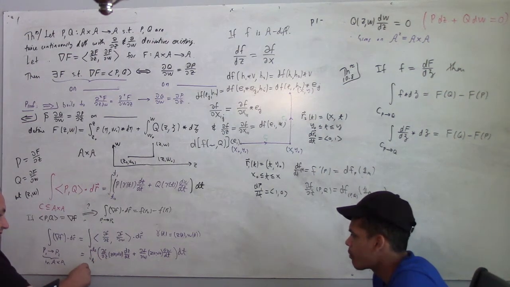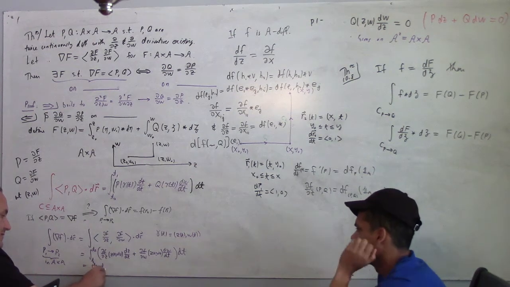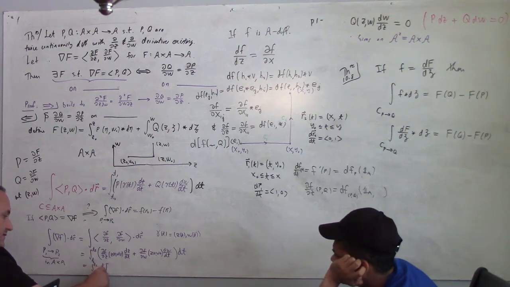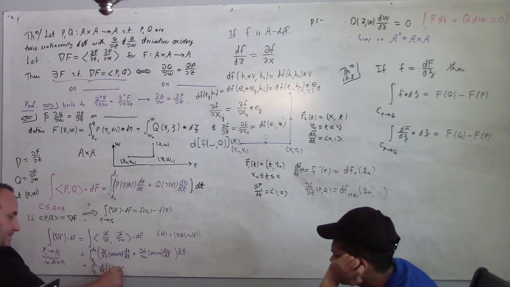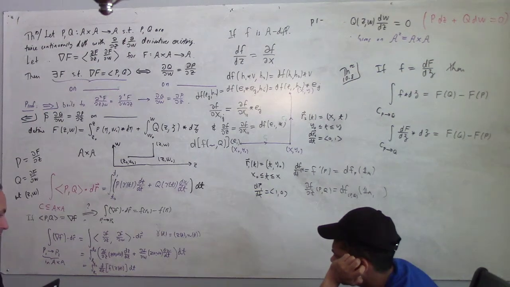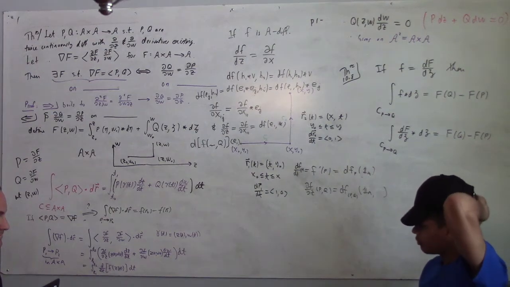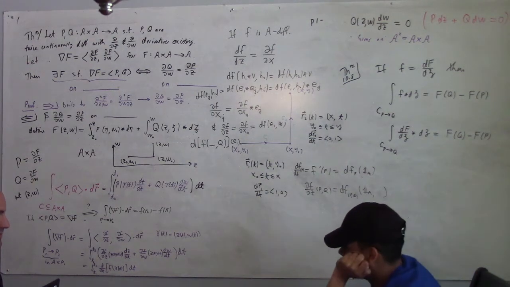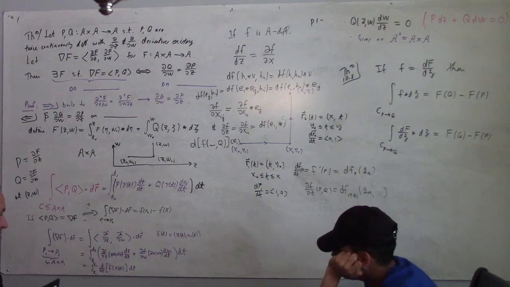So I can rewrite this as the integral t1 to t2 of d/dt of f of z of t, w of t, or I can just write gamma of t. I'm claiming there is such a chain rule, we can prove it.